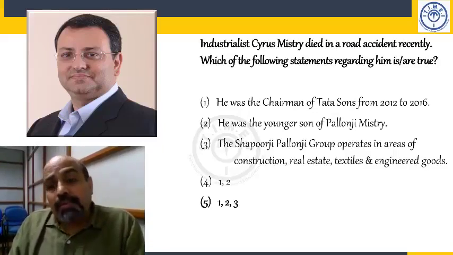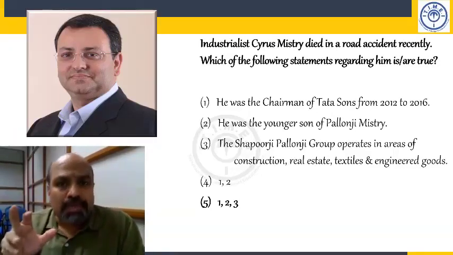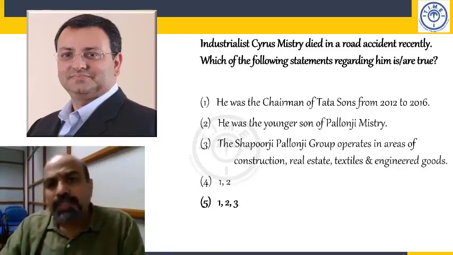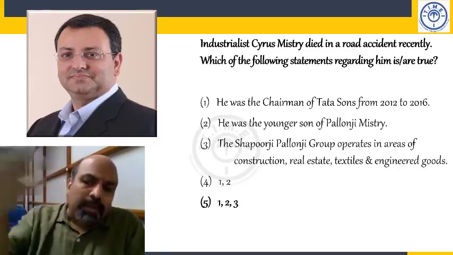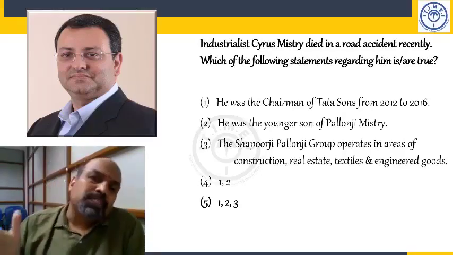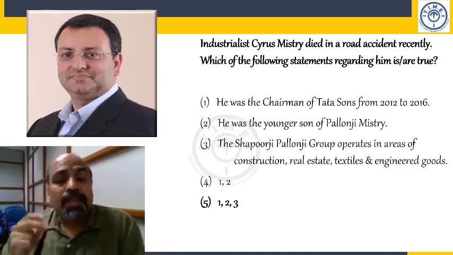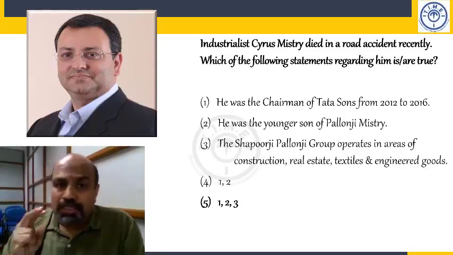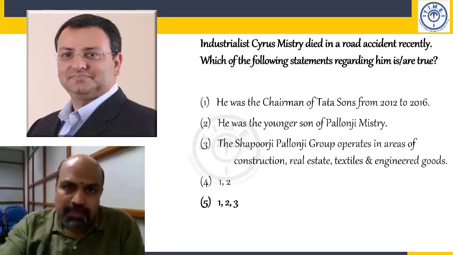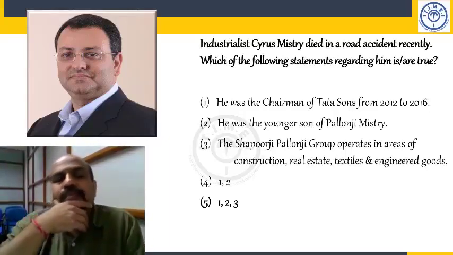Now, the biggest individual shareholder of Tata Sons was Pallonji Mistry. Pallonji Mistry owns 18.4% shares of Tata Sons. Fair. Now, I want you to know one more thing. Pallonji Mistry had 2 sons. One, Shapur Mistry or Shapur Pallonji, and 2, Cyrus Mistry.